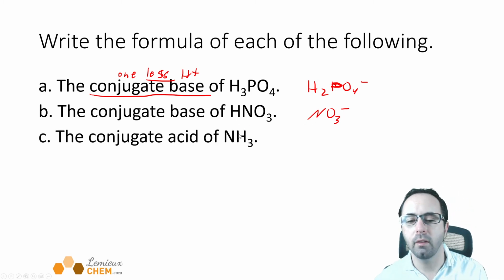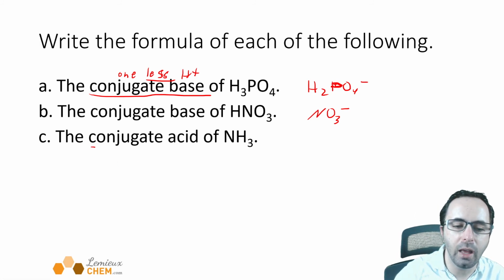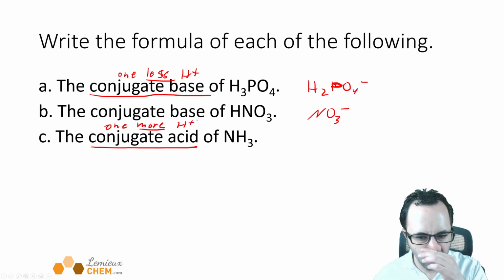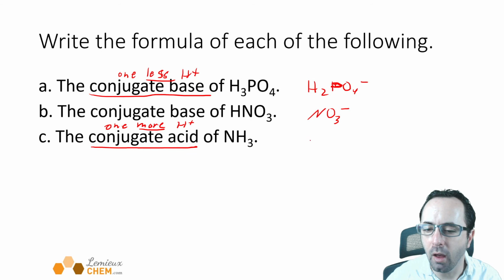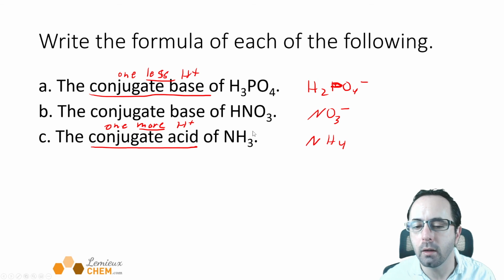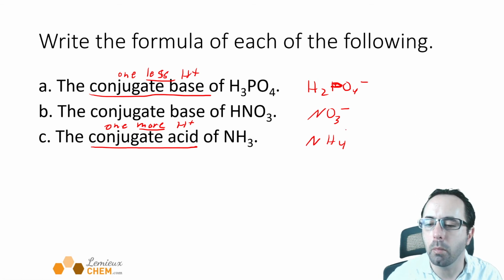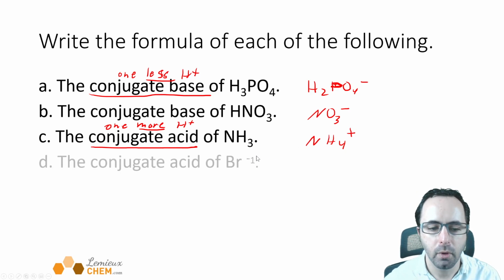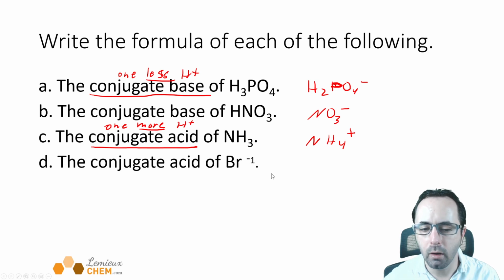Here's another question. What is the conjugate acid of NH3? This means 1 more H+. So the conjugate acid of ammonia is going to have not 3 hydrogens, it will have 4, because it'll have 1 more, and also the charge will be 1 unit higher. Not 0, but 1 unit higher, +1. Finally, what's the conjugate acid of bromide ion, Br-?